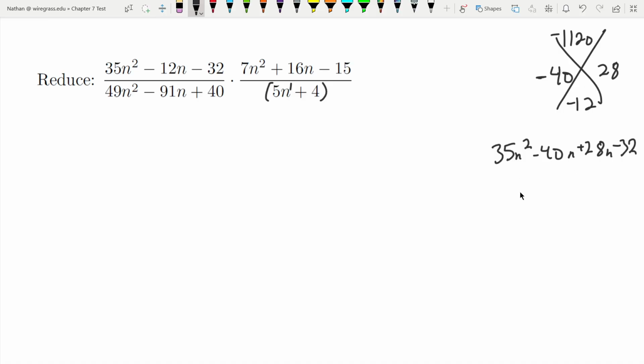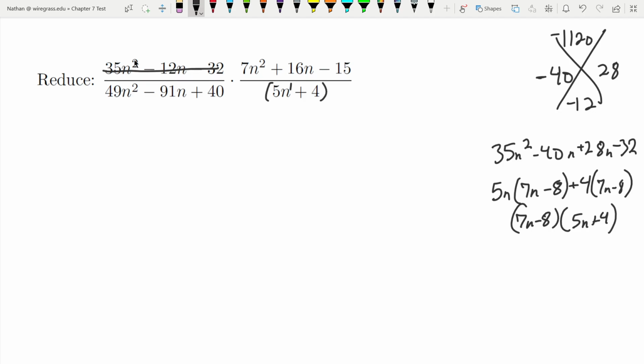Okay, from the first two terms, I can take out a 5n, 7n minus 8. I can take out a positive 4 from the second two terms. It's going to be 7n minus 8. So we're going to get 7n minus 8, 5n plus 4. That's this first one.